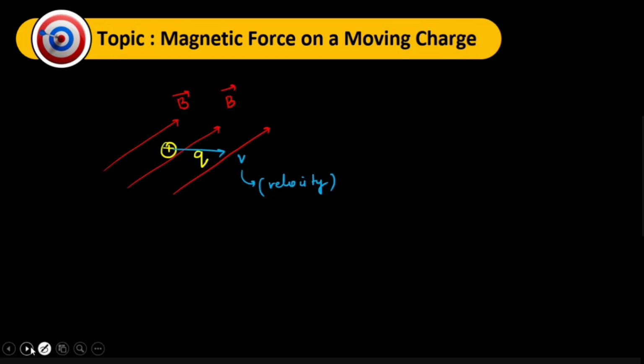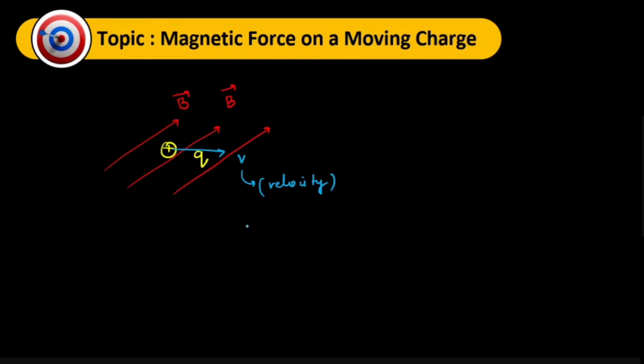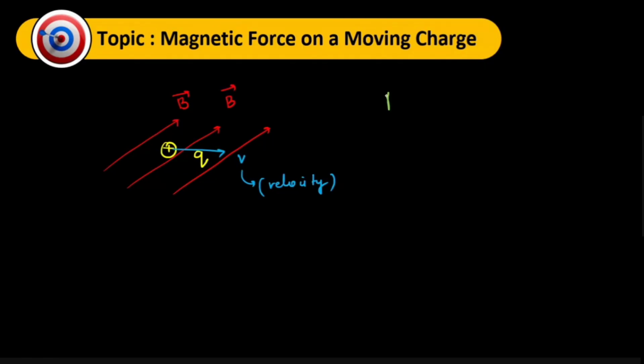According to the magnetic field, the force, that is the magnetic force, is directly proportional to the magnitude of the charge, that is q. Force is also directly proportional to the cross product of velocity and magnetic field, like this.